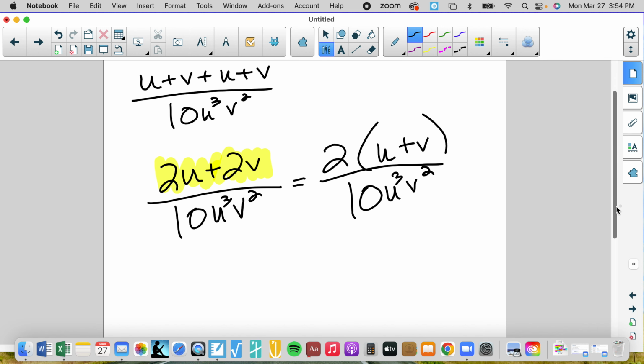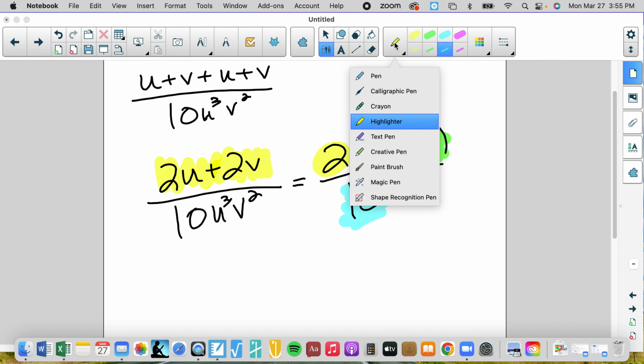And now, because this 2 is being multiplied by this quantity, we have multiplication of 2 things, and we have this 10 that is multiplying, so we can cancel those.